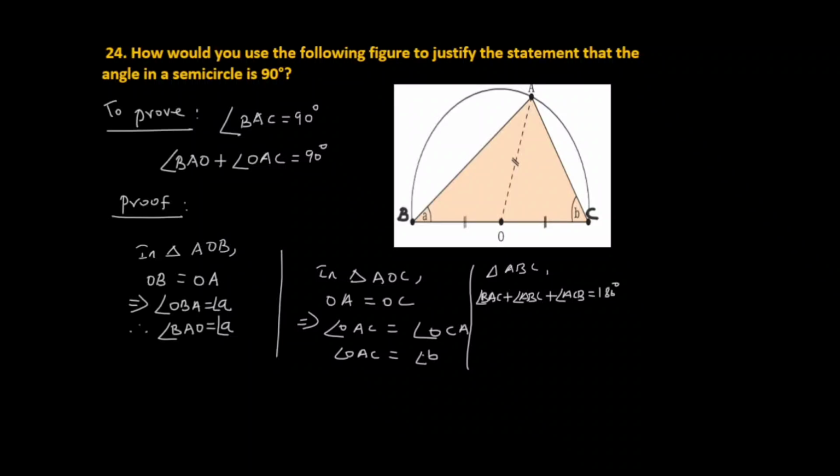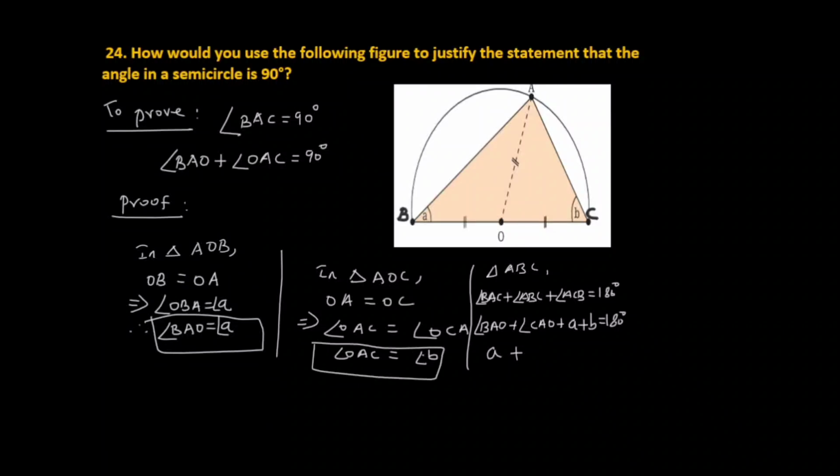So BAC can be written as BAO plus angle CAO, plus angle ABC, which in the diagram is given as A, plus angle ACB, which in the diagram is given as B, equal to 180 degrees. BAO we found is A, and CAO we found is B, so A plus B plus A plus B is equal to 180 degrees. So twice of A plus B is equal to 180 degrees. A plus B is equal to 90 degrees.